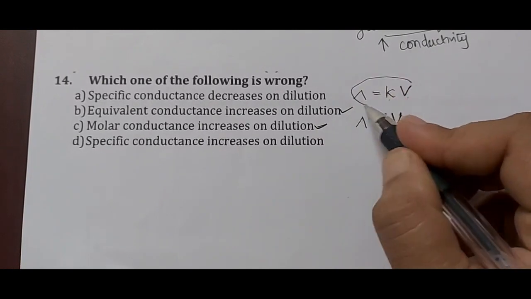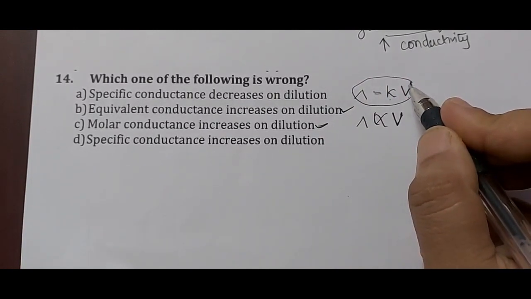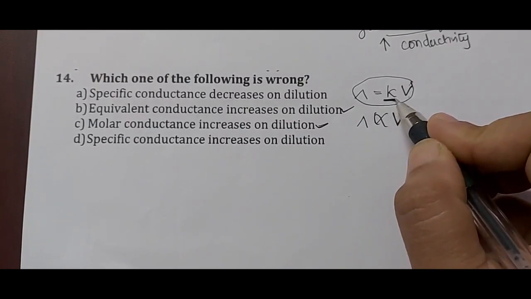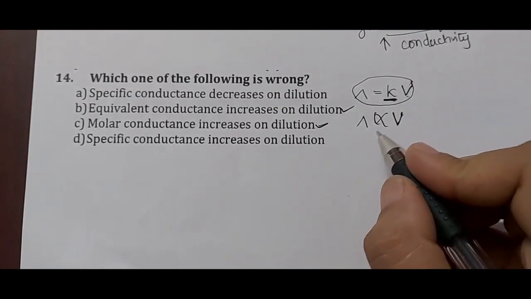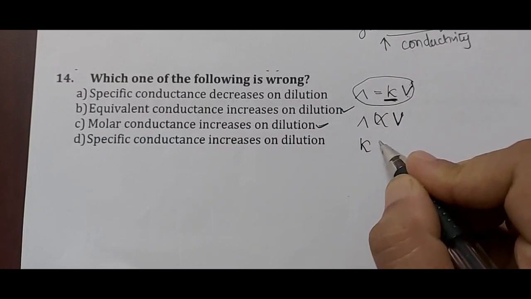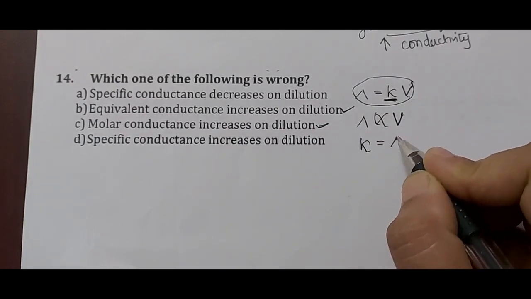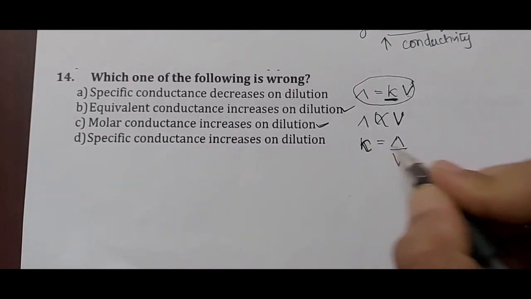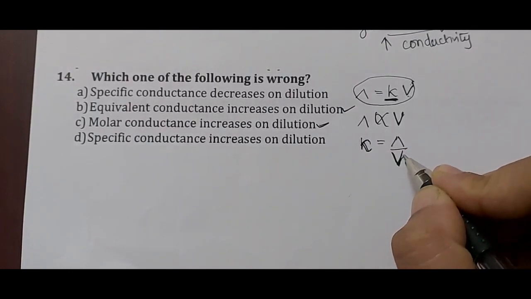But using this relation, if we find the relation between kappa, that is conductivity or specific conductance, and volume, and rearrange, we get kappa equal to lambda divided by V, which shows that conductivity is inversely proportional to volume.